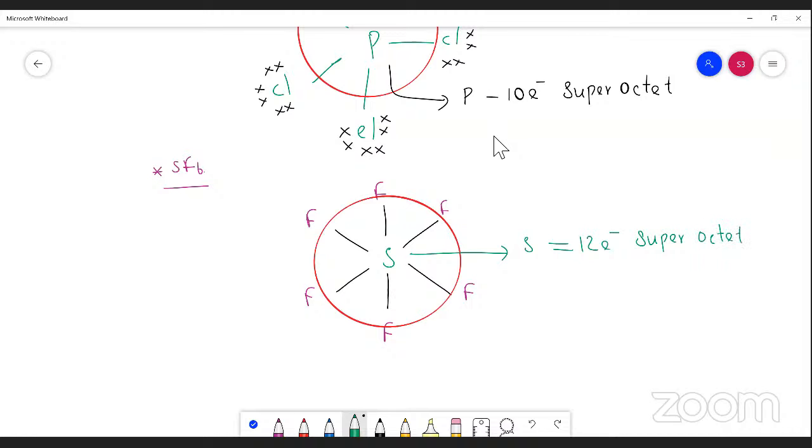And all fluorines are surrounded by 8 electrons, so that it is octet.